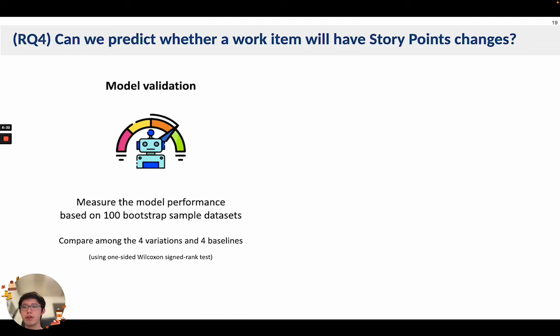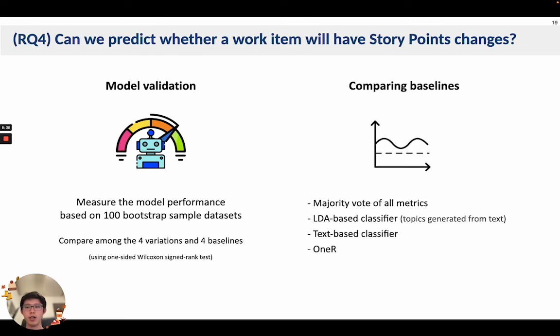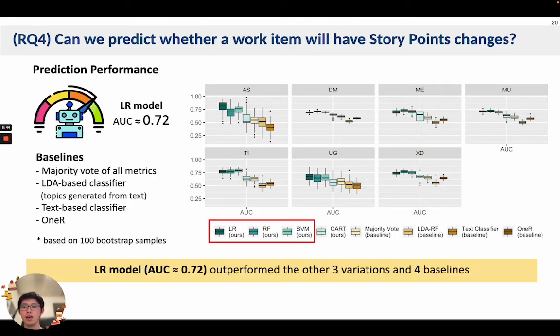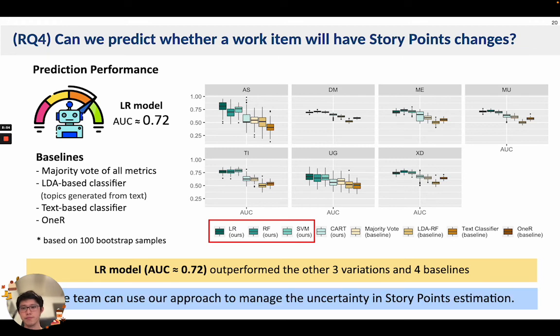We measure the prediction performance based on 100 bootstrap sample datasets and compare them among the 4 variations and against 4 baselines. We found that the logistic regression model achieved an AUC of 0.72, outperforming the other variations and the baselines, suggesting that our approach can predict story point changes that occur after sprint planning.